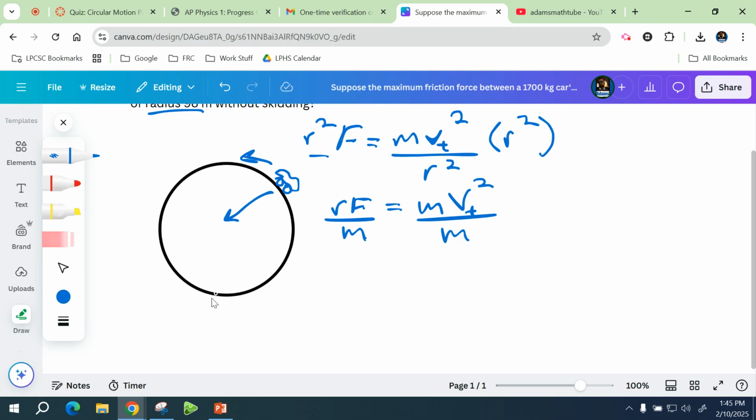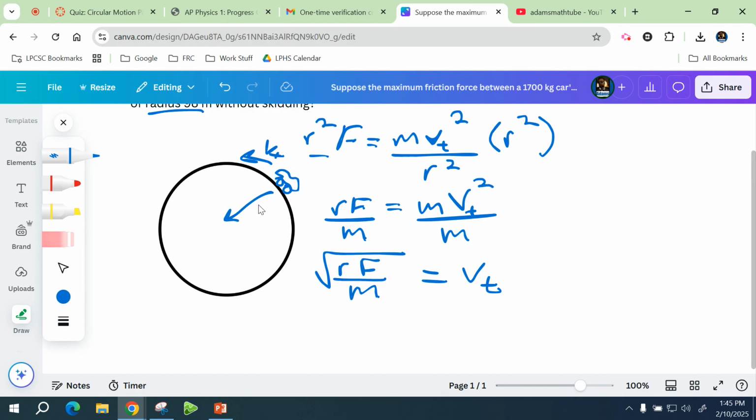The masses cancel, and if I take the square root of the radius times the force over the mass, that gives me the tangential speed or velocity, right? So that's what I'm trying to figure out, the tangential velocity. And that's really all I need.